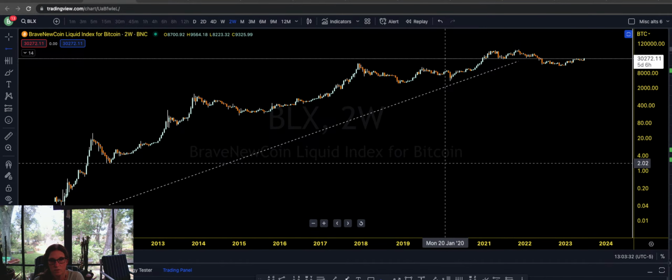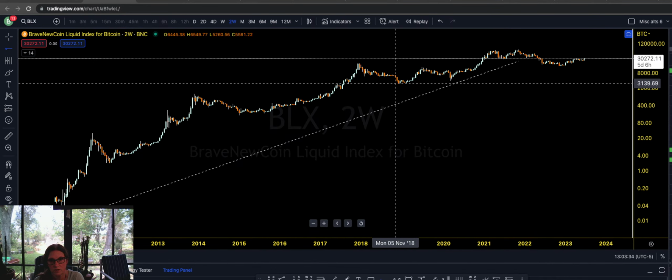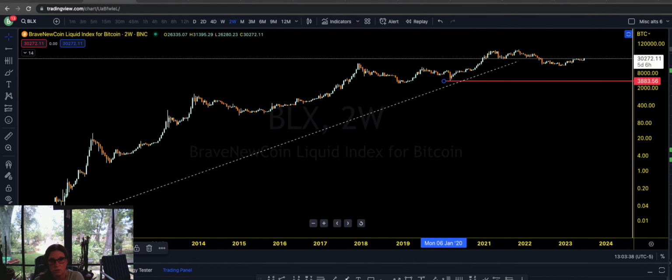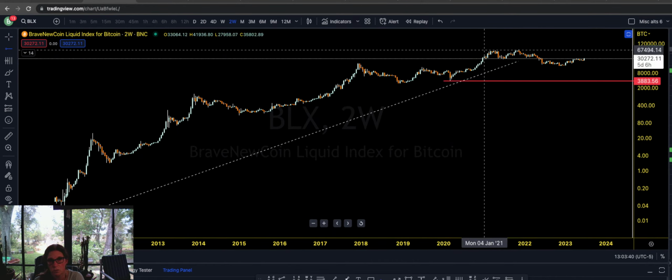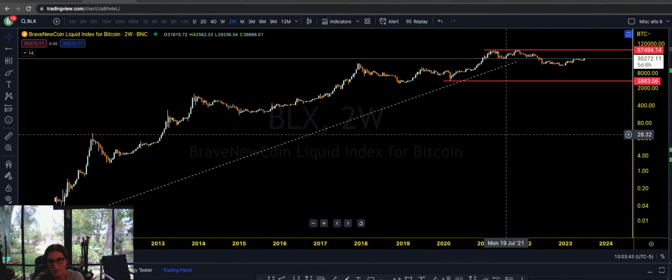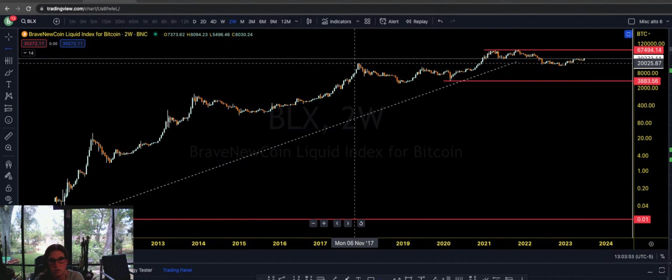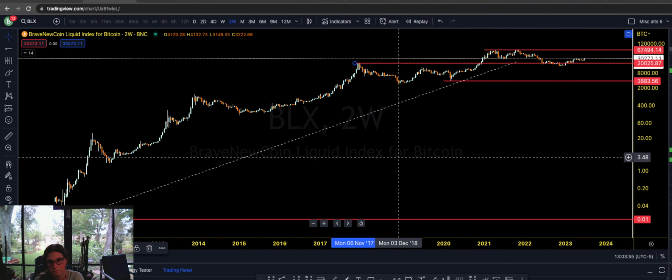This wave from, and we'll even say $3,000 or $4,000, all the way up to almost $70,000, is 3 times as large as from 0 all the way to 20,000.